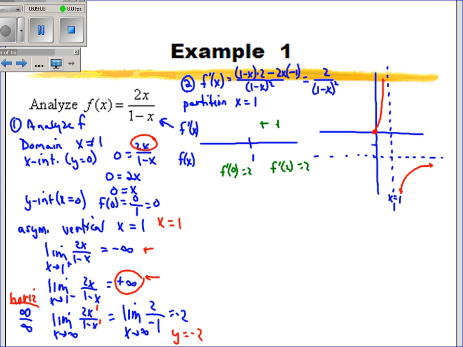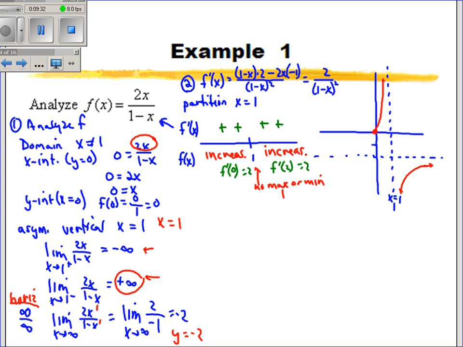So I'm going to have plus signs here and plus signs over here, which tells me that my original function f is increasing on the left of 1, and it's increasing to the right of 1. At 1, it's not anything. So there's no max or min at 1. It's not even a point there.